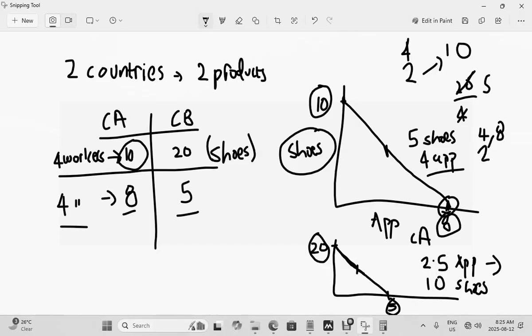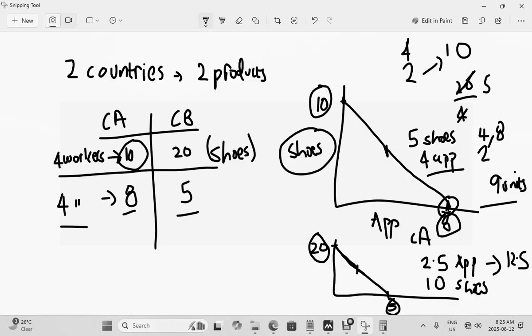All right, so let's say this is a total of 12.5 in terms of units. And this one over here will be 5 plus 4, which is 9 units. Now if they had decided to produce shoes only, they would have produced 20 units of shoes.